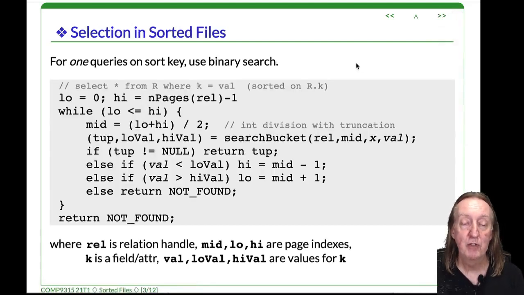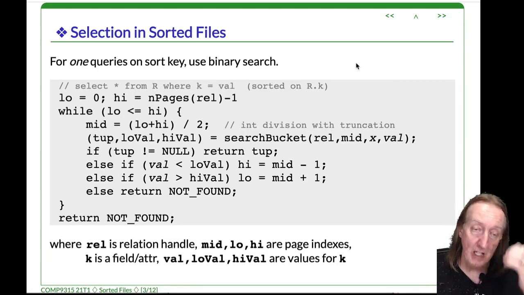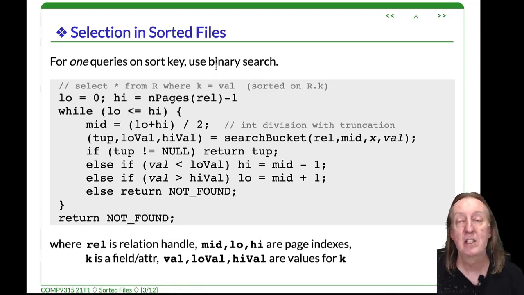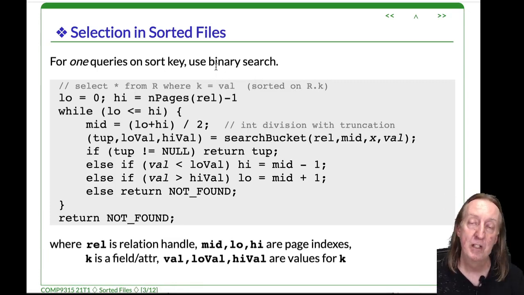If we're trying to do selection on a file having this structure, then we can use binary search. You've got a sorted array, you want to check whether an element's in the array, you can use binary search. Here, things are a little bit different because we're talking about pages, and in fact, more than pages, we're talking about buckets.